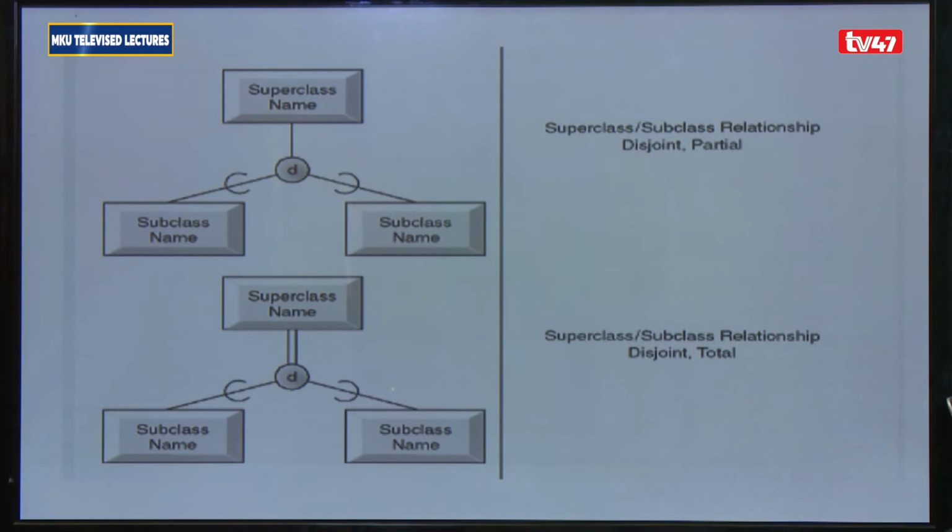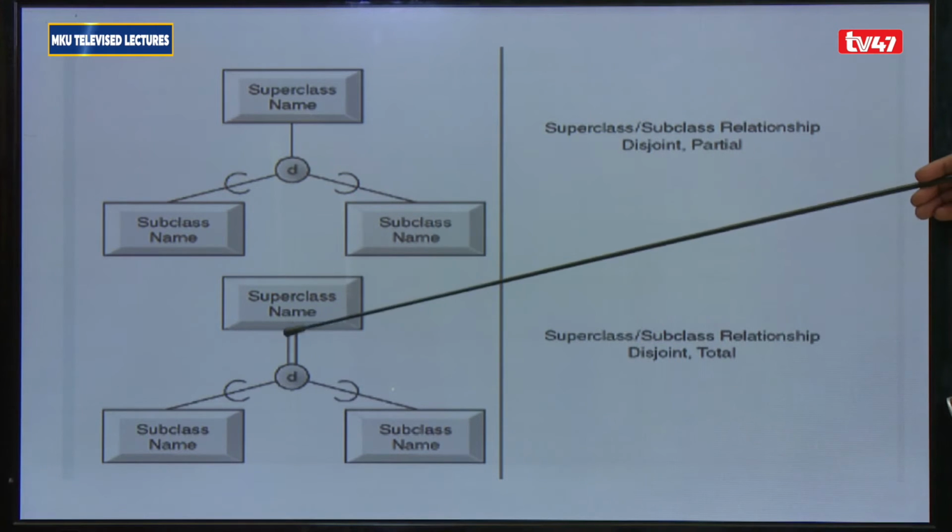The other one is the disjoint partial. For disjoint partial, it's the same scenario, and we have the D in the middle over there. Apart from the D, we have a single line. A single line is what tells us that it is partial. The D is disjoint.